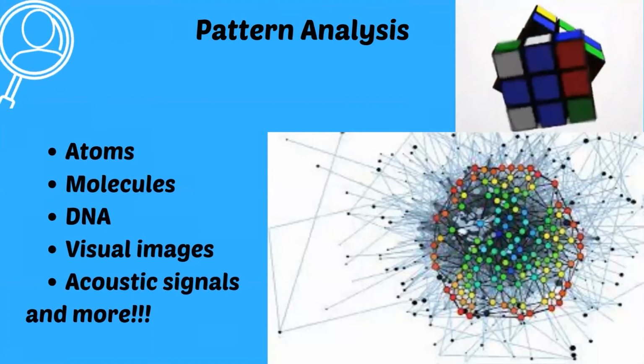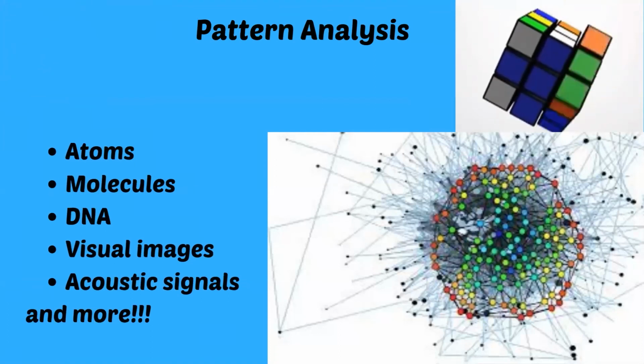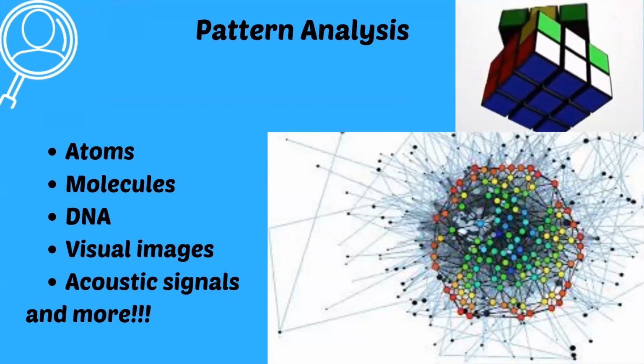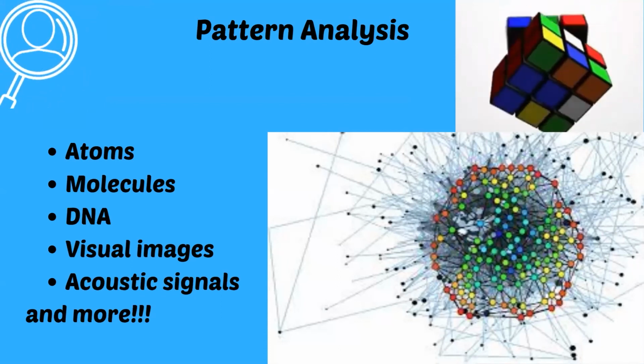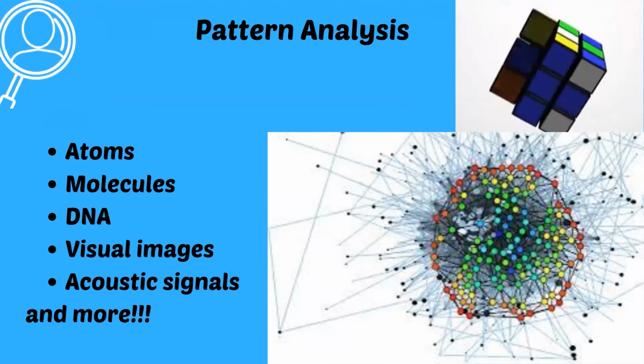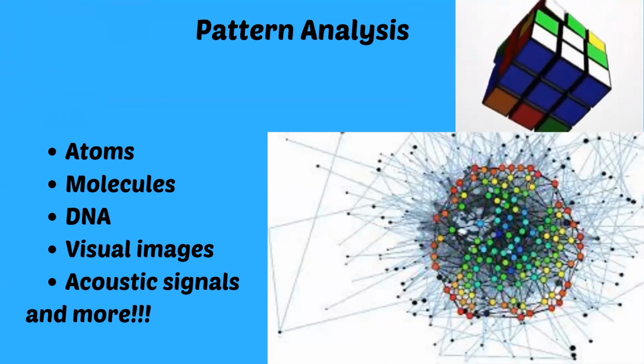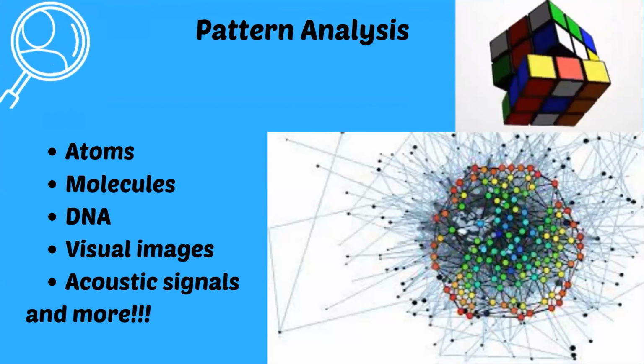The next one is pattern analysis. We have already understood the analysis of atoms, molecules, or DNA. Besides these, we'll be analyzing visual images or acoustic signals, maybe quantities related to pressure, temperature, everything dealing with engineering.